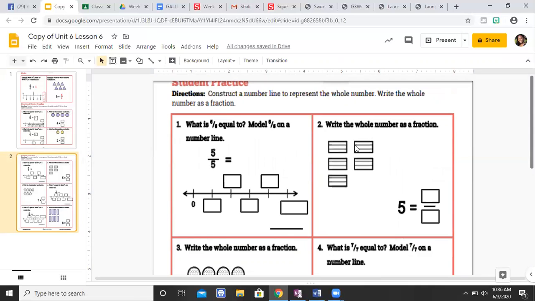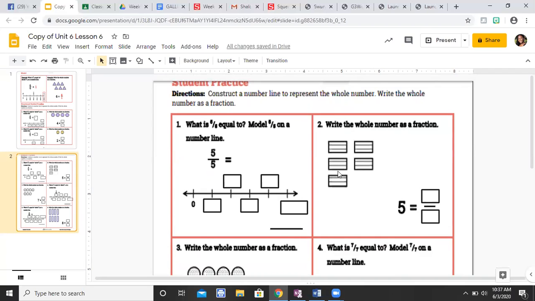For this one, for example, looking at number 2, do not think that it's cut up into 3 parts. That's not what it is. They're just trying to tell you that it's shaded in. So these are still wholes there.